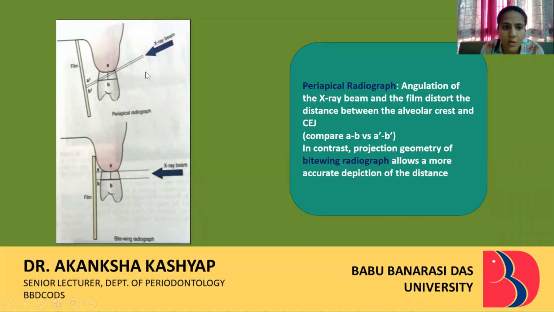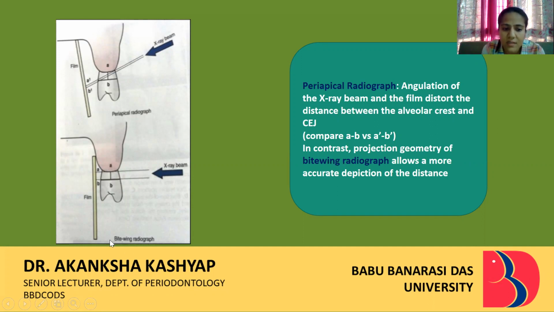Here you can see this is the periapical radiograph, and this is the bite wing radiograph. In the periapical radiograph, the beam is at an angle to the film, and this is the actual distance between the alveolar bone and the CEJ. But because of this angulation, this distance, as you all can see, is distorted.